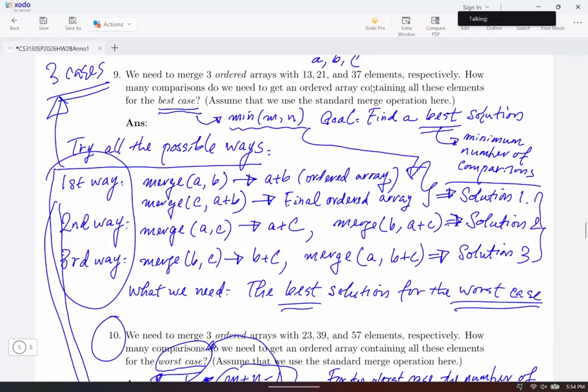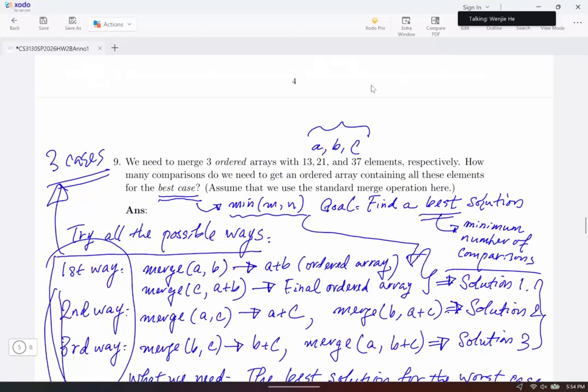But in our final exam, I will give you these 2 questions again. Similar questions in the final. But in the final, think about, I will give you not a 3 ordered array, I will give you a 5 ordered array. From 3 to 5, think about how many more cases you may have. 5 ordered arrays.